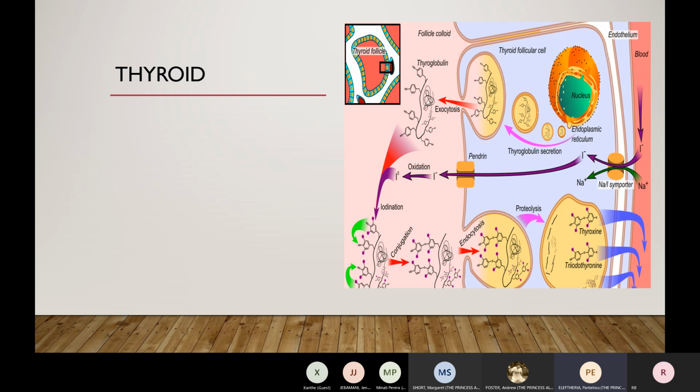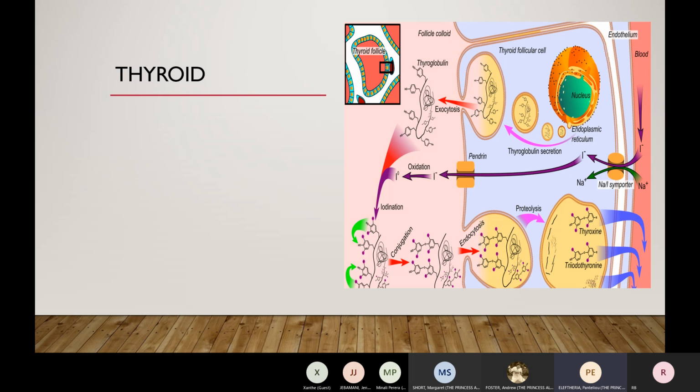And this is where, within the colloid, incorporation of the iodine to the tyrosine residues of the thyroglobulin occurs with the mediation of thyroid peroxidase. So these mono and di-iodinated tyrosine residues are linked to each other to form pre-hormones, precursors of T3 and T4.